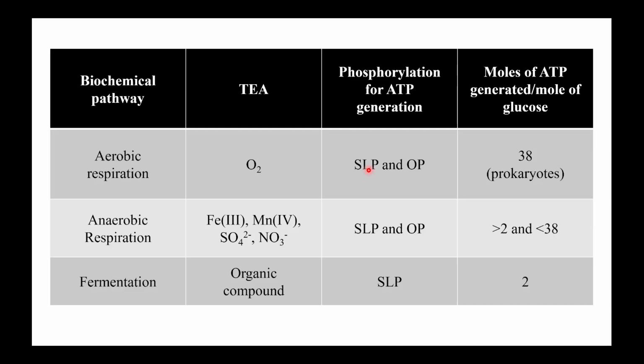That is substrate level phosphorylation, because, for example, from 1,3-bisphosphoglycerate to 3-phosphoglycerate, one ATP was formed, right? And again phosphoenolpyruvate to pyruvate, one ATP was formed. So in those reactions, the substrate is giving the phosphate to ADP, and ATP is formed. Those are substrate level phosphorylation.